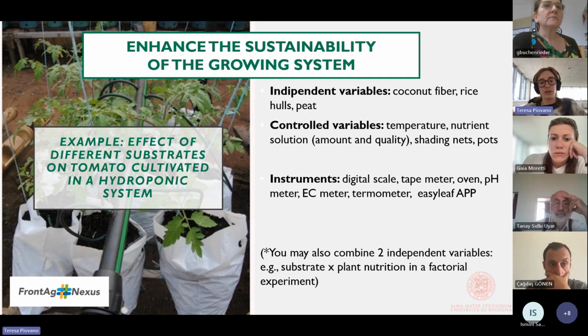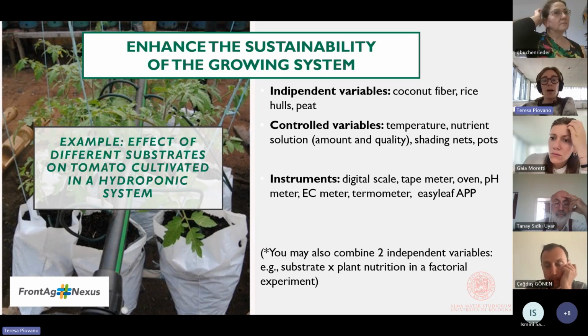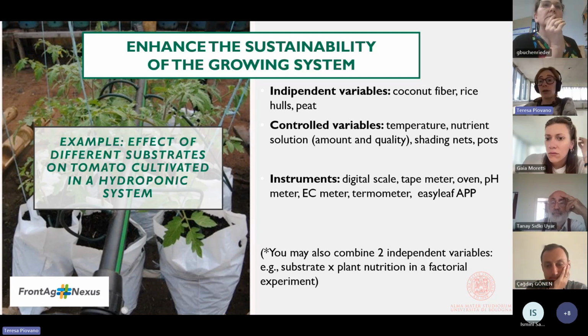And one of these three substrates, in this case coconut fiber, rice hulls, and peat, will be the control. So if in my system I'm currently using rice hulls and I want to compare my production and the sustainability of my production with different substrates, the control will be the rice hulls, and then two different substrates that I'm going to test.